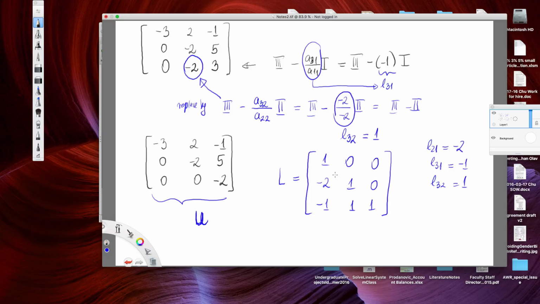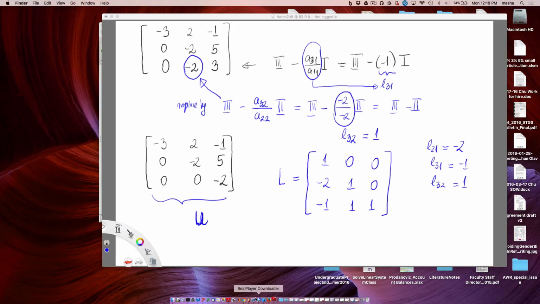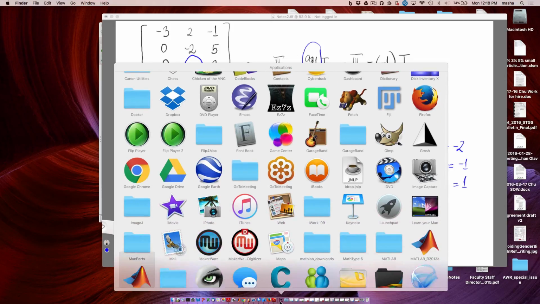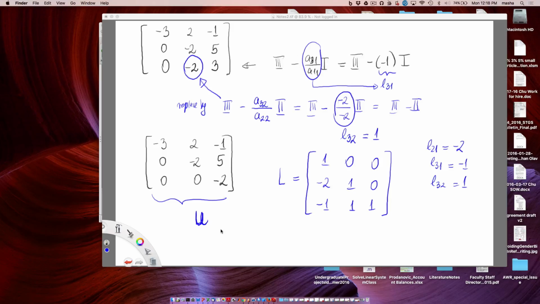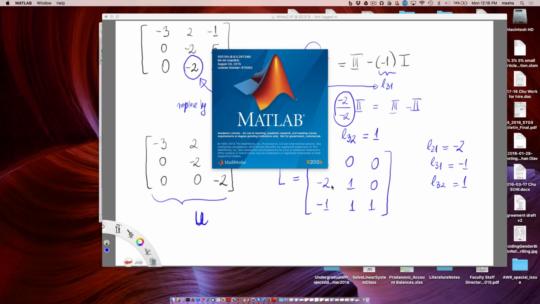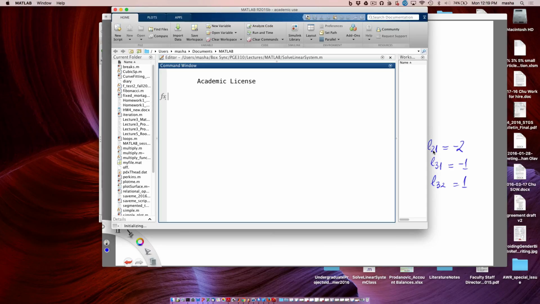Let's check that it actually works. Could you repeat where that is? That is my L21 that I recorded in the first replacement I did. When I was eliminating position 2-1, I recorded L21.